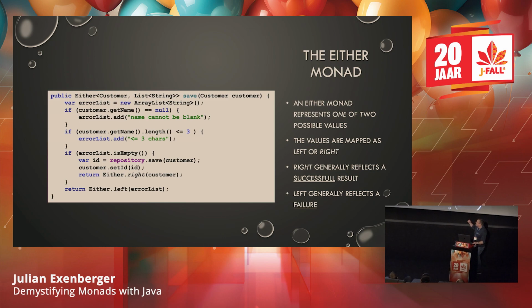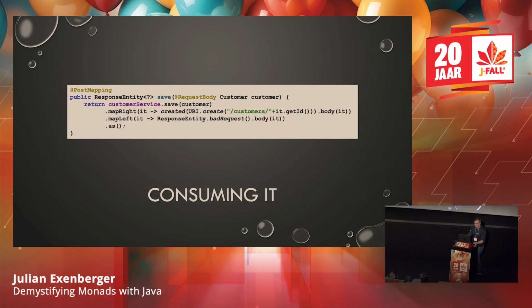Okay, whatever the case may be, if the error list is empty, then I return right, which means it's a success, or it's left if it's a failure. And when I consume it, I can process it appropriately in the same way I might process something like an optional. So if right is set, it's a successful outcome, and I can take that value. This is a typical example of what you might have in Spring Boot.